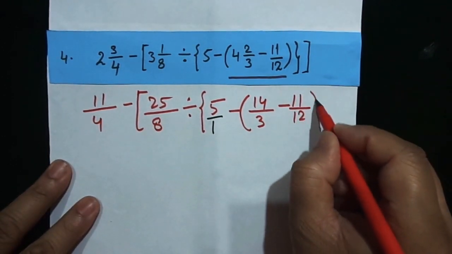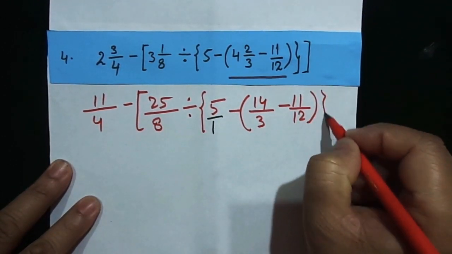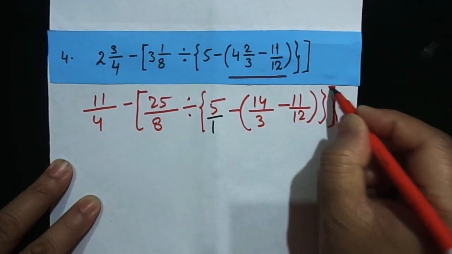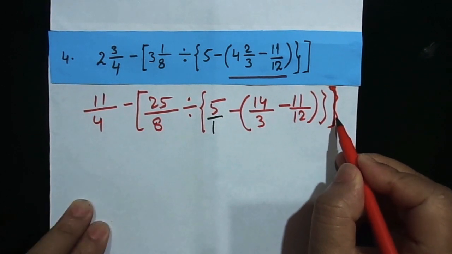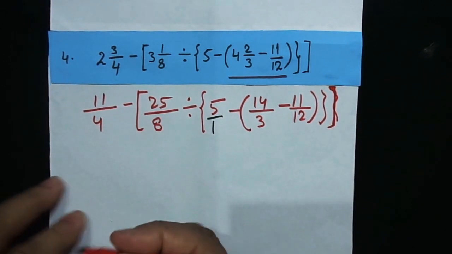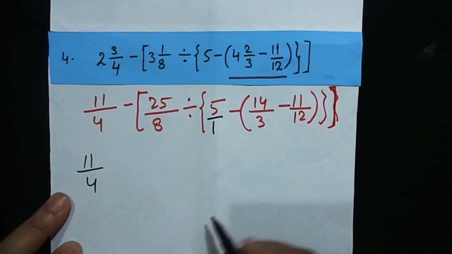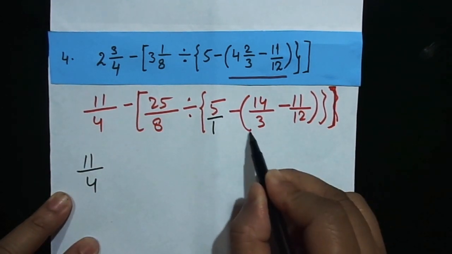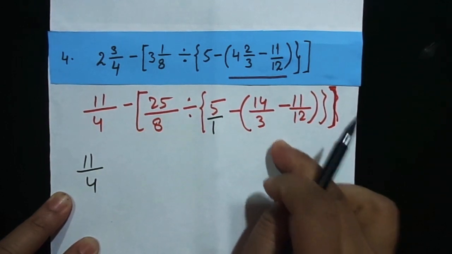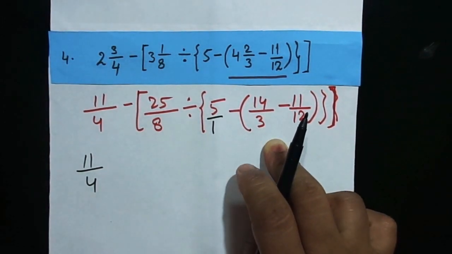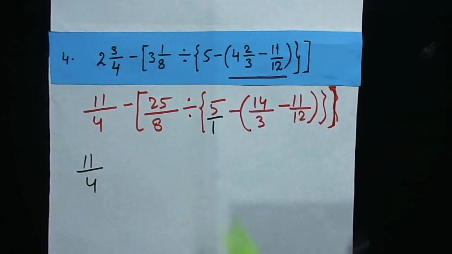Okay, let me close the bracket tightly, by this curly bracket and the big bracket. So we have over here 11 by 4. Now our target is this portion. Let me use another pen so that you people understand. So this is our target.